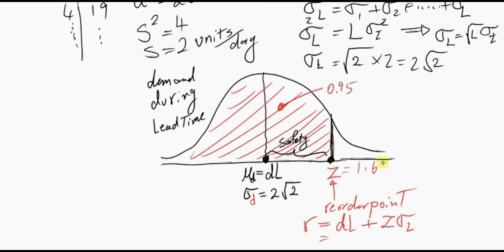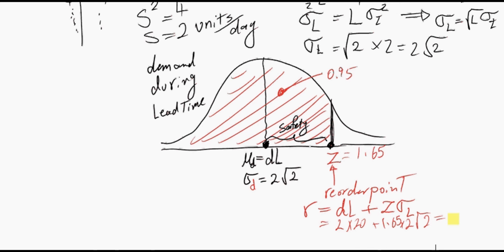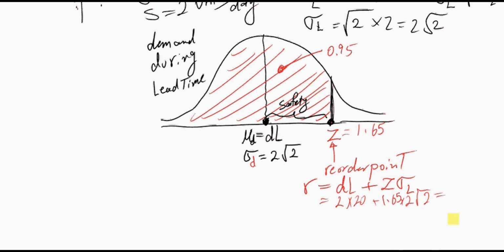So if we choose 1.65, then DL is 2 multiplied by 20, plus Z is 1.65 multiplied by 2 square root of 2. If we set our reorder point at this level, then we will be more than 95% confident that the stockout will not happen. And now, what are these values?